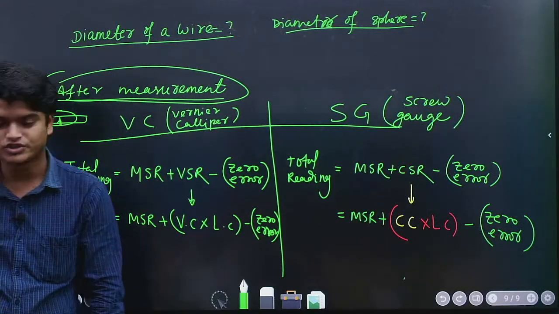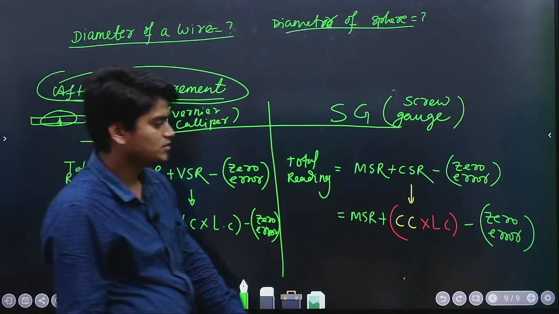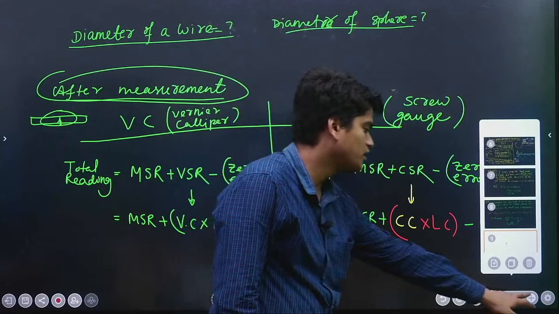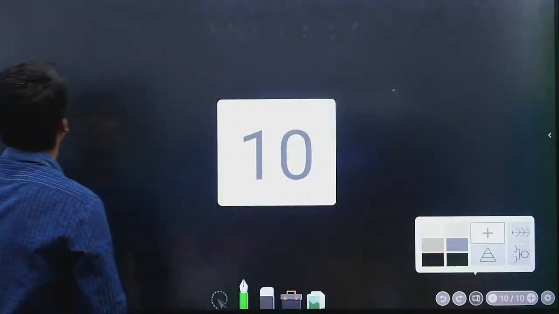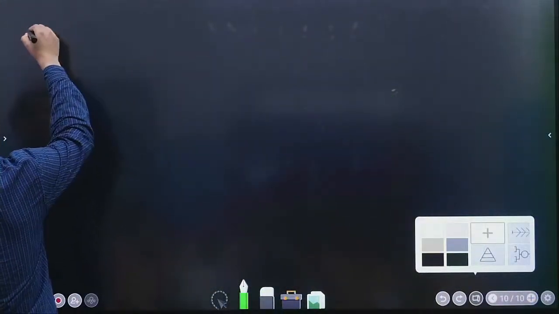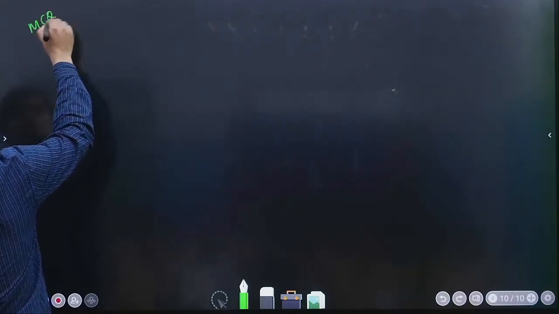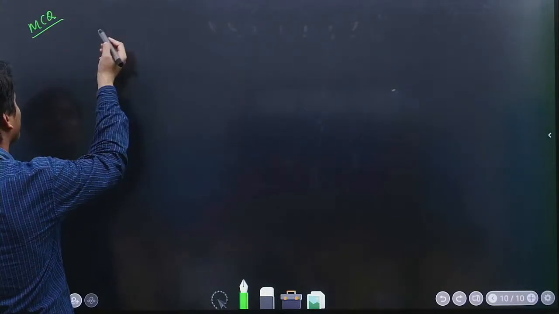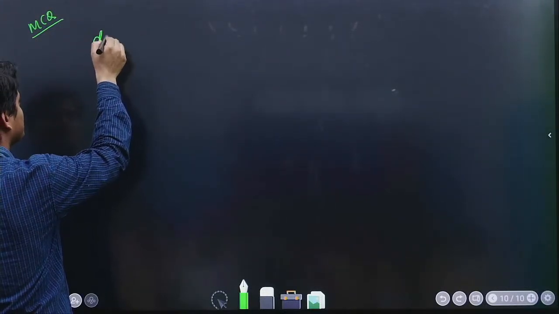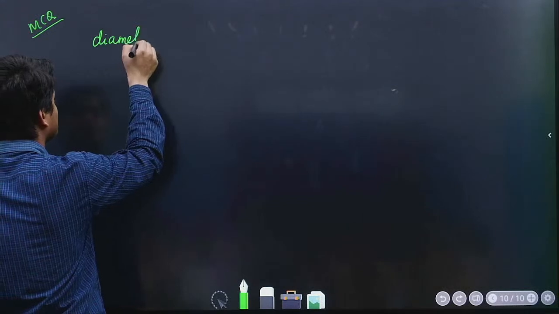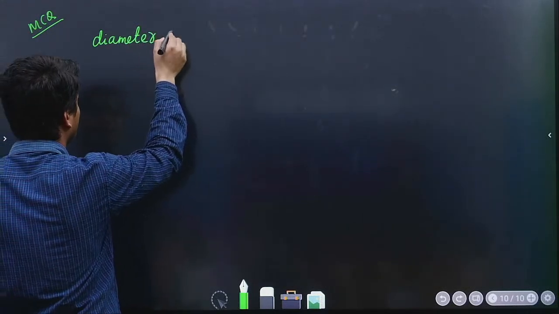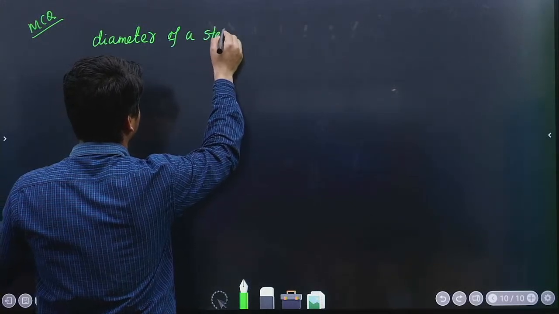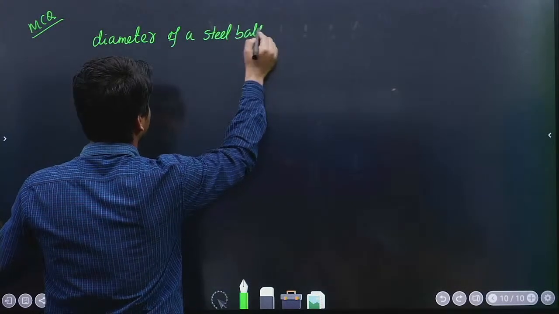Okay. Now one question I'll tell you, try to do this. Have you all written it? Now see here, one student measures the diameter of a sphere, a steel ball.